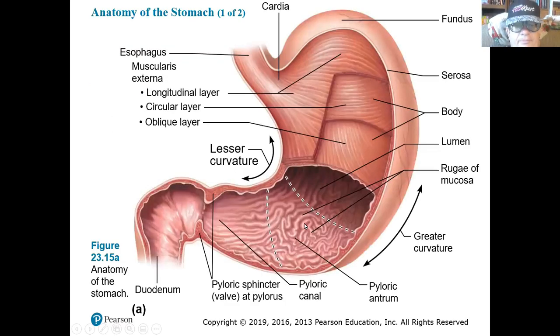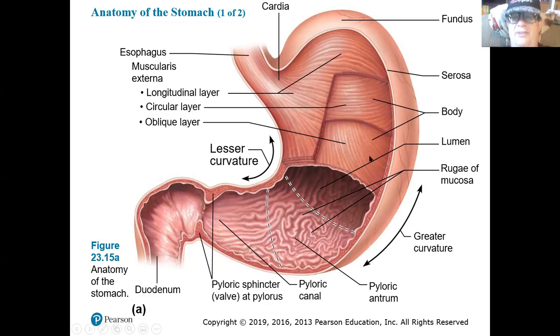Let's do a pretty picture. All right, so here we have the esophagus coming in, the cardia, and the bulgy part that sticks up by the diaphragm, it's on the left side of the body, that's the fundus. And then at the other extreme, the other end, we have the pylorus. So this part is the pylorus from here to here. This is the antrum of the pylorus. This is the pyloric canal, but all of the tail end, if you think of this as looking like a tadpole, all of the tail end is the pylorus.